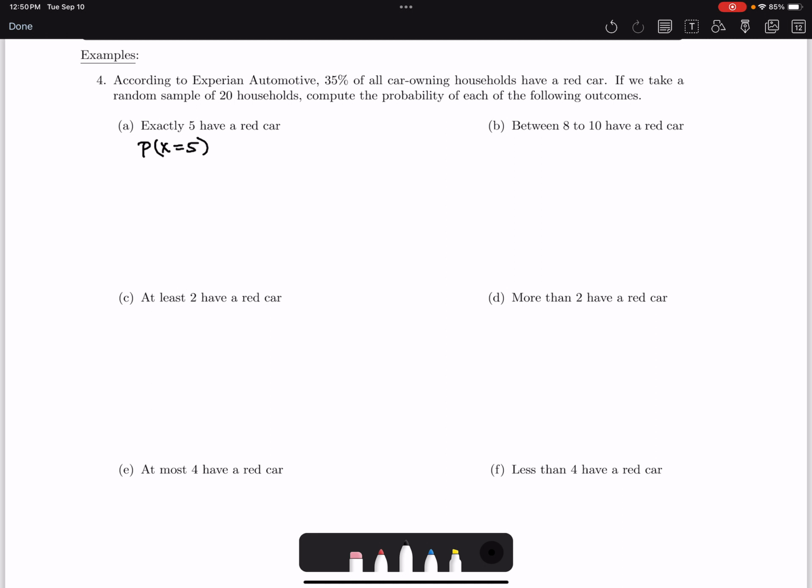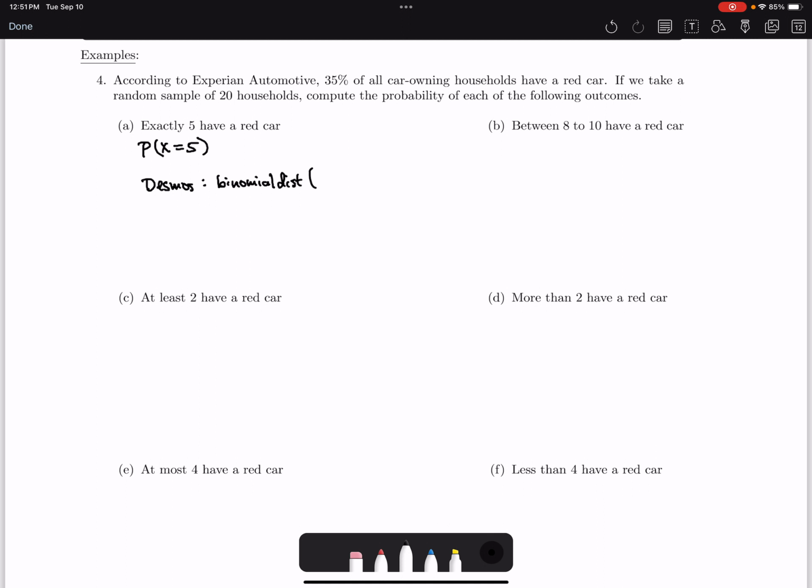We'll use the binomial distribution in Desmos to do this. So in Desmos, we're going to type in binomial dist, and then we want to put in n and p.